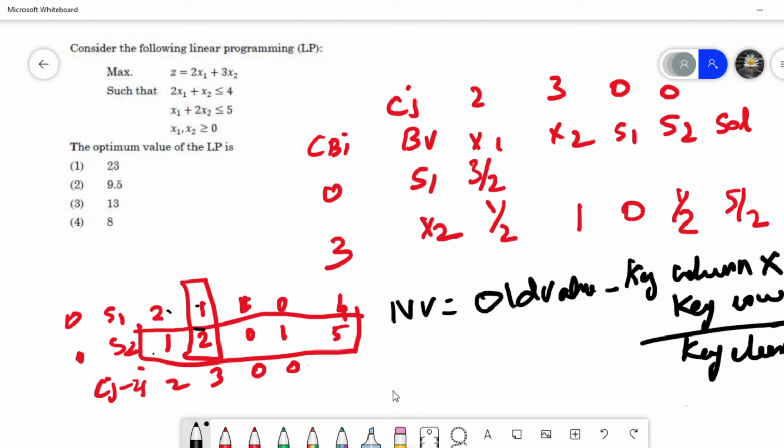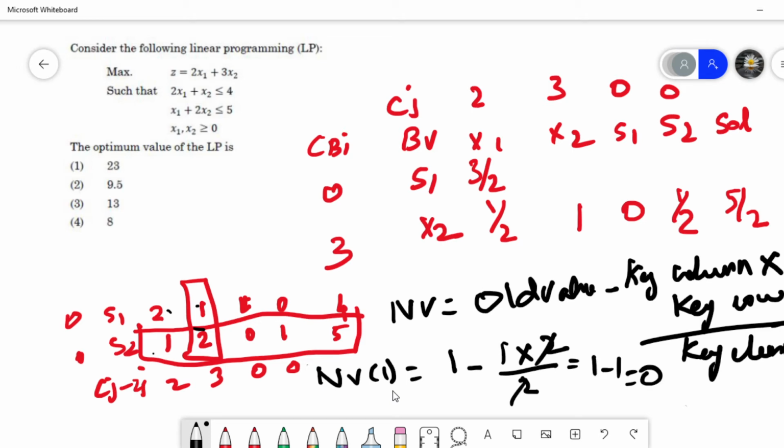So we calculate the new value for 1. Which one is the old value? 1. The corresponding key column value also 1, then the corresponding key row value is 2, then the key element value also 2. So 2 into 2, then 1 minus 1, it is 0. Okay.